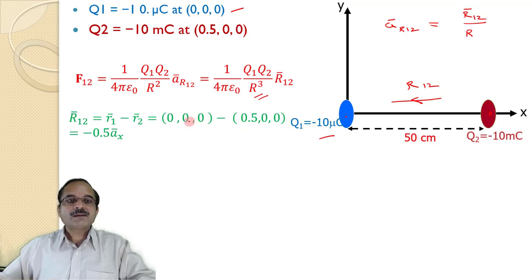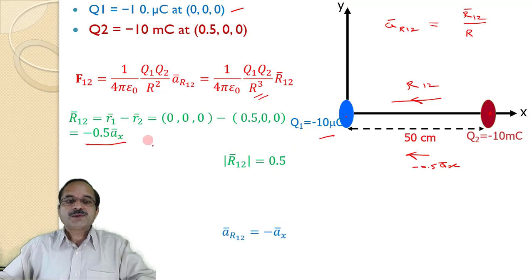The y coordinates for both r1 and r2 are 0. Similarly, the z coordinates are 0. So r12 is minus 0.5 ax, which is in the negative x direction. So this is the direction, minus 0.5 ax. The magnitude of r12 is 0.5.